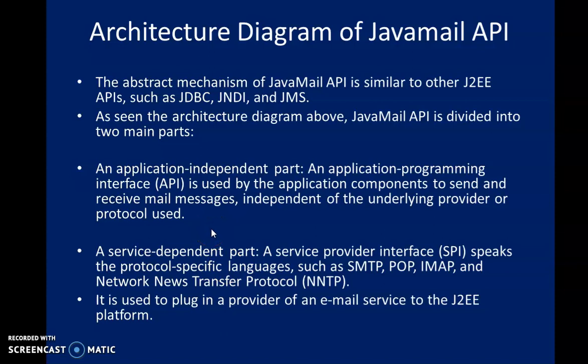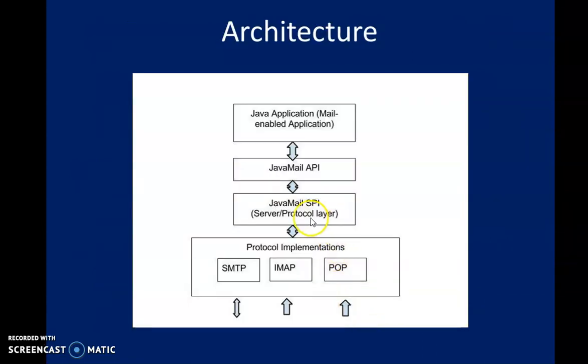One is the application independent part, which is used by the application. There are application components to send and receive mail messages. And the next one is the service independent part, which is related to the protocol.